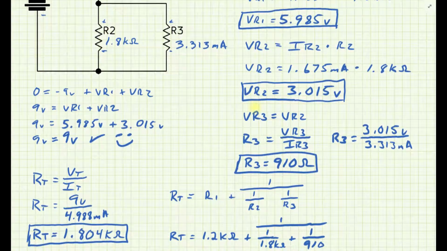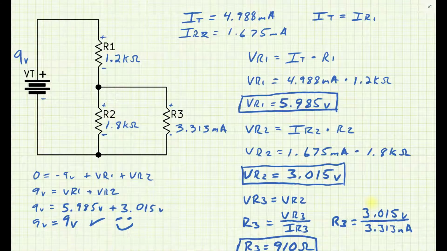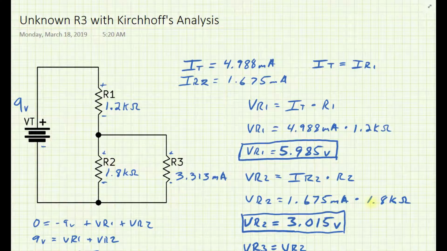So it's always good to bring Kirchhoff in and double check your answers. I was able to use my found values to solve for RT using Ohm's law, and then I used just my series parallel rules with my found R3 to verify that I could get the same number two different ways. So I'm going to call this one good, because we have essentially solved everything for this circuit.